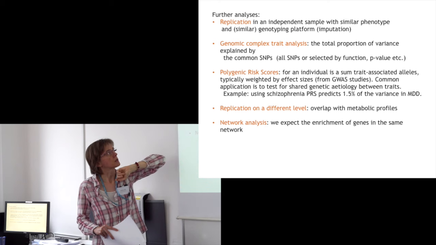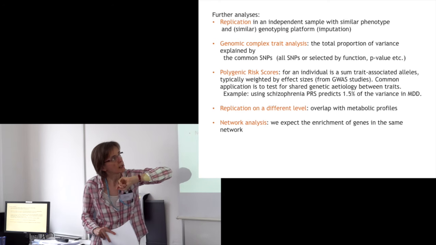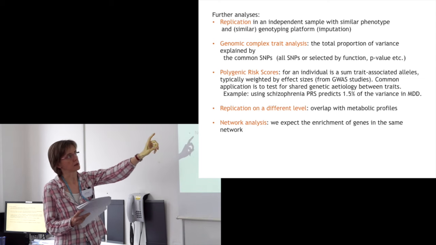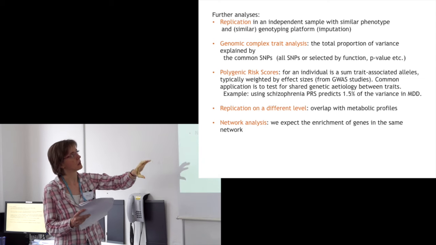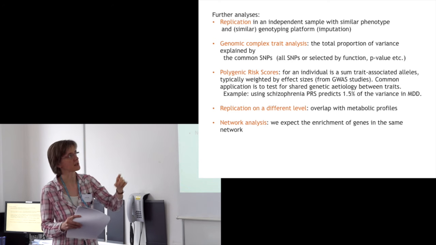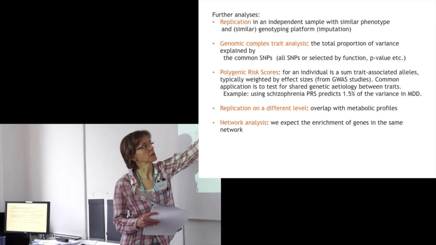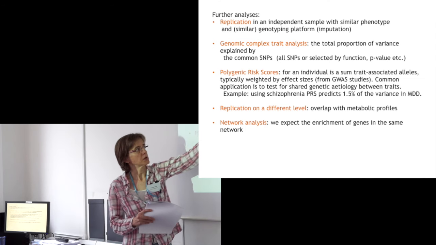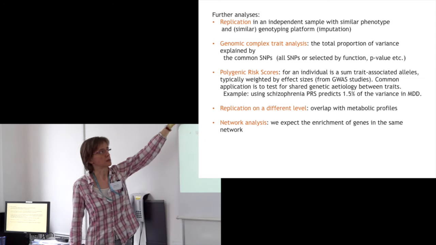The next big thing is the polygenic risk score. For an individual, this is the sum of the trait-associated alleles weighted by their effect sizes, which are calculated from the GWAS studies. Another important application is to test for shared genetic etiology between traits.